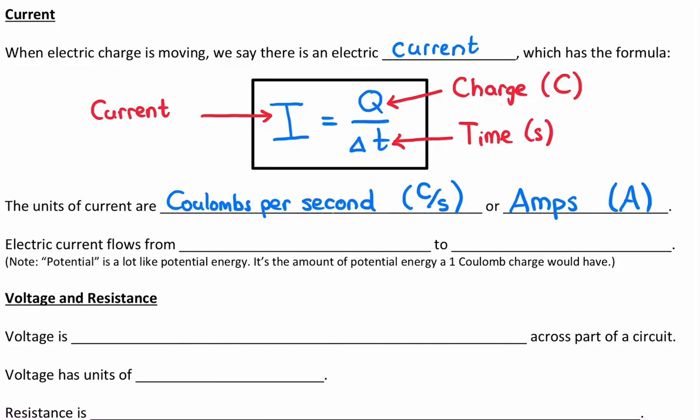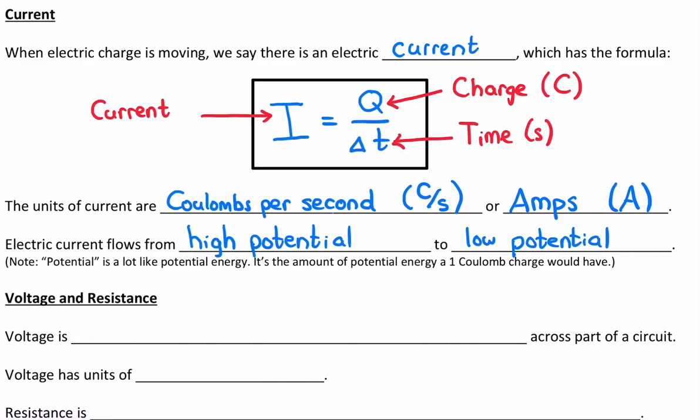And another thing that's worth noting about electric current is that electric current flows from high potential to low potential. Remember, potential is a word that is very similar to potential energy, but it does mean something slightly different.